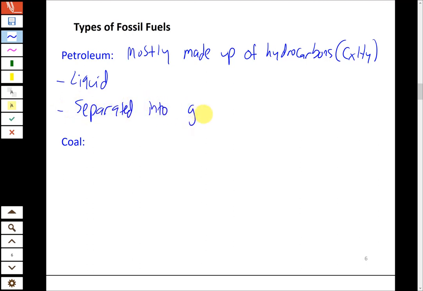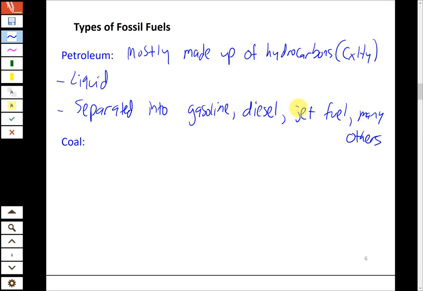And those are things you've heard of: gasoline, diesel fuel, jet fuel. Those are the main fuels, but there's also many other chemicals that come out of this that we use for preparing the substances that we use in our everyday life. So a lot of plastics come from initially petroleum sources, the precursors to make those plastics more precisely.